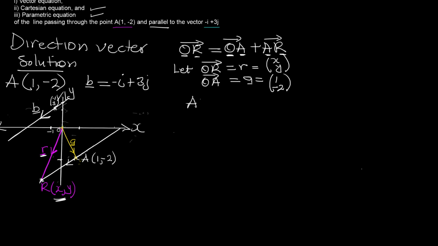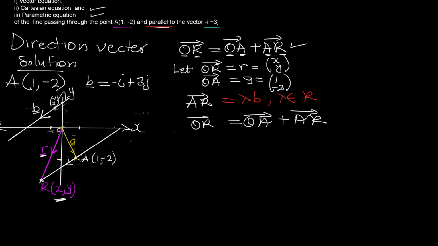So we say AR is parallel to the line B. That is the direction vector. That is what we're told in the question: AR is parallel to the vector B. Let's denote the scalar lambda, so AR equals lambda times B, where lambda is in R. We can then write our vector equation from OR equals OA plus AR.